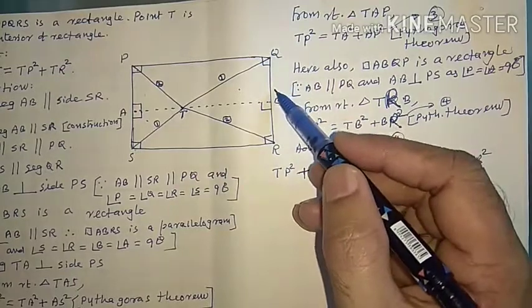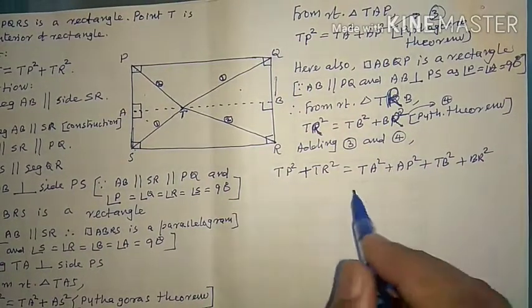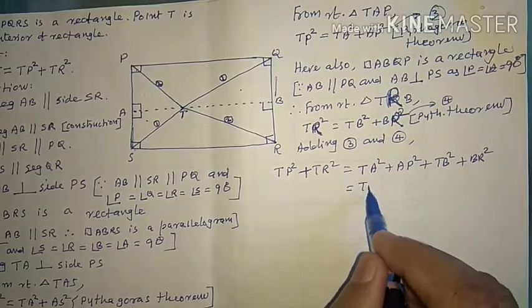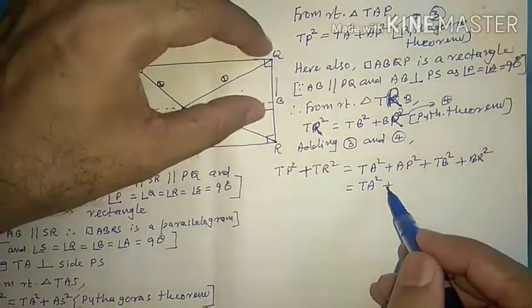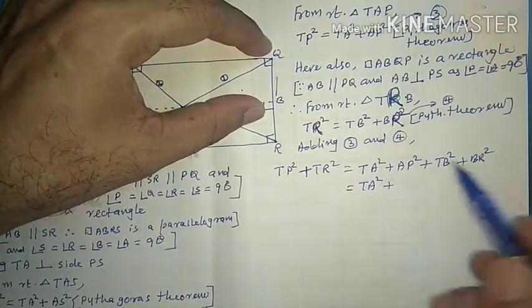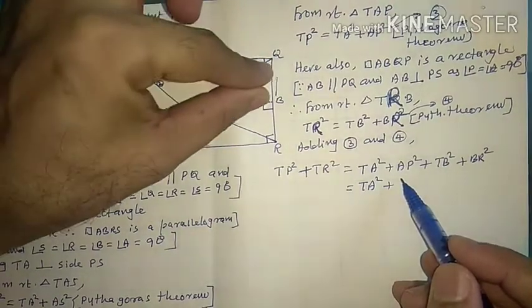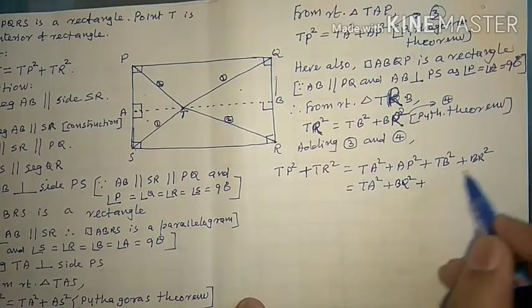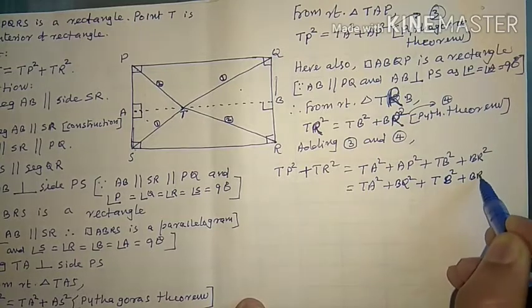That BQ is nothing but AP. This we consider: TA square plus that AP is BQ. This AP is equal to this BQ square. The rest of the things are exactly as we have, TB square plus BR square.